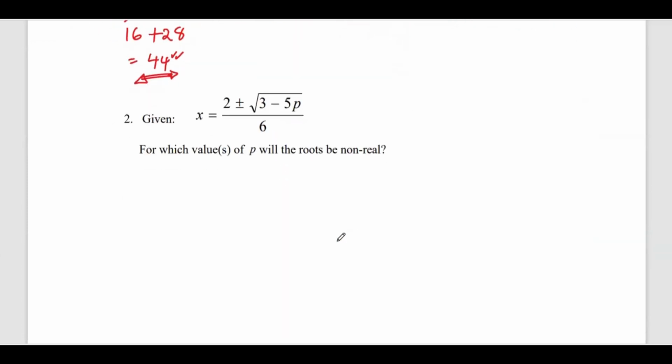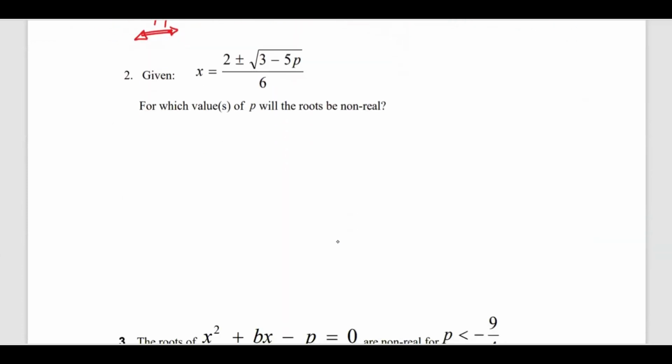Then the next part, given x is equal to 2 plus or minus the square root of this and that over 6. Now this whole thing is the quadratic formula. What do they want us to do? For which values of p will the roots be non-real?